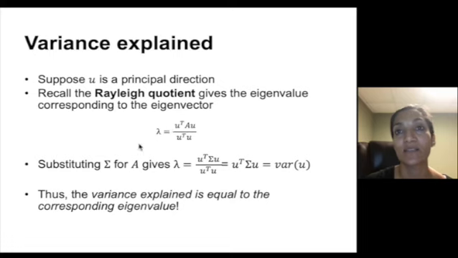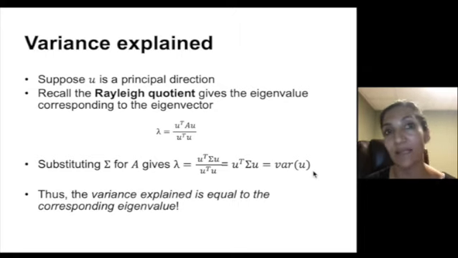So if, instead of A, we substitute sigma, the matrix we're looking at, then we get a quantity like this. But remember that these are constrained to have unit norm, so you can just drop this term. So basically, what you're getting is that lambda, the eigenvalue, is actually equal to the variance. So the variance explained by any PCA dimension is equal to the corresponding eigenvalue.